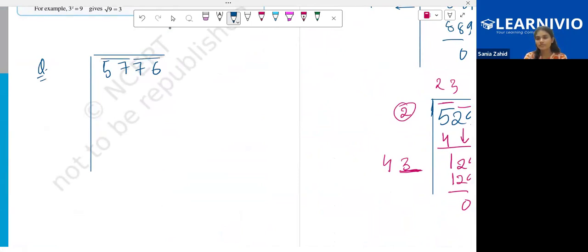And the closest square to 57 is 7, 7 sevens are 49. That gives us 8. And then we drop down 76. The units digit is 6, so it can either be 6 or 4. You double this 7, you get 14. And it can either be 4 or 6.